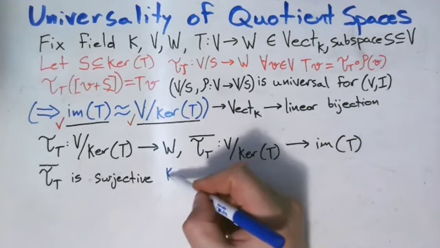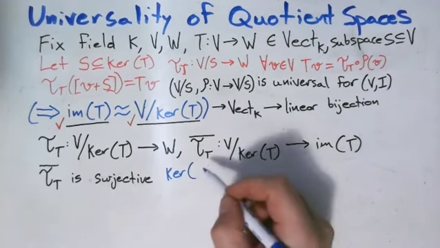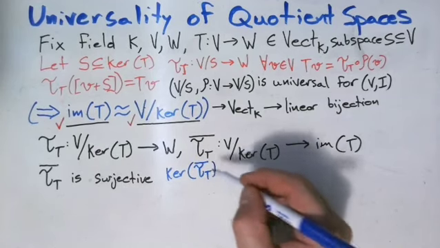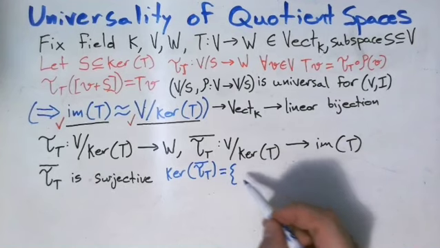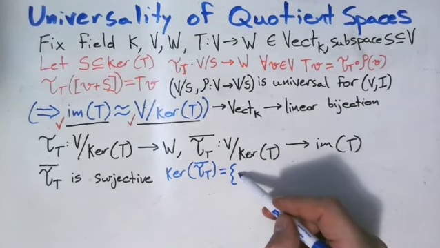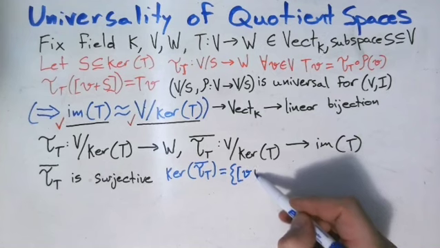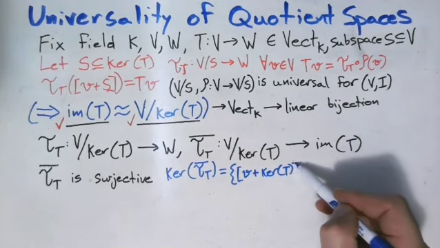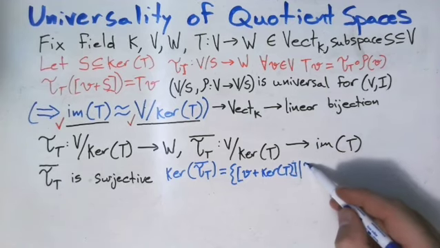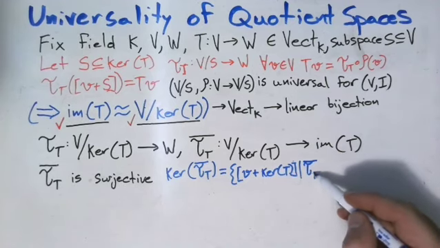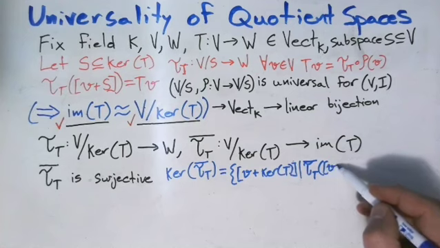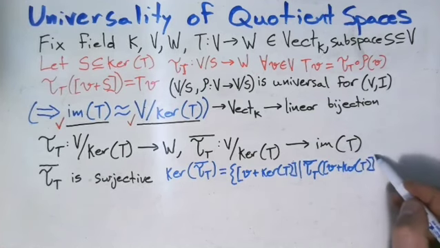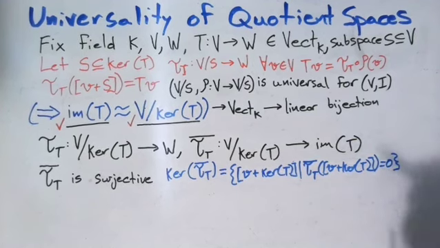And if we look at the kernel of this mapping specifically, so that's the kernel of this restriction, that's going to be the values V plus kernel of T, all of the equivalence classes, such that when you map that equivalence class by this restriction, it maps to 0, the 0 vector.